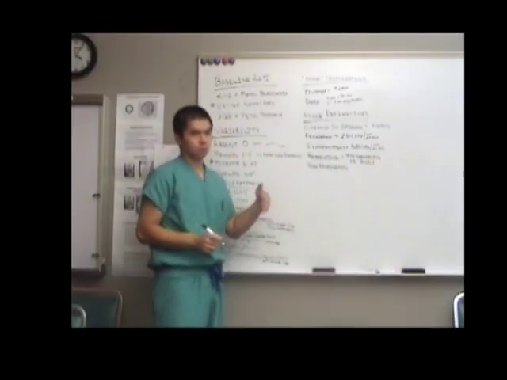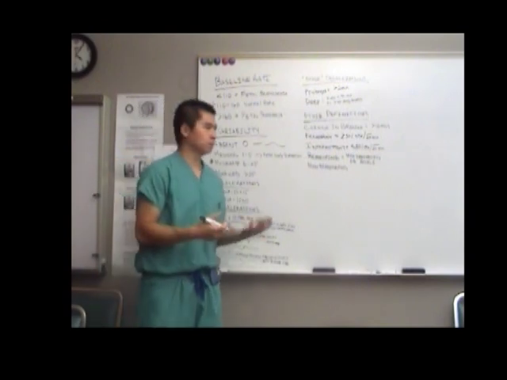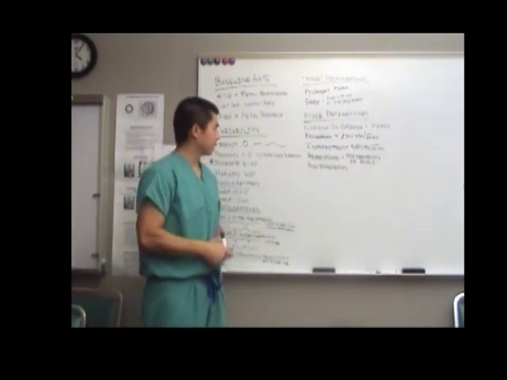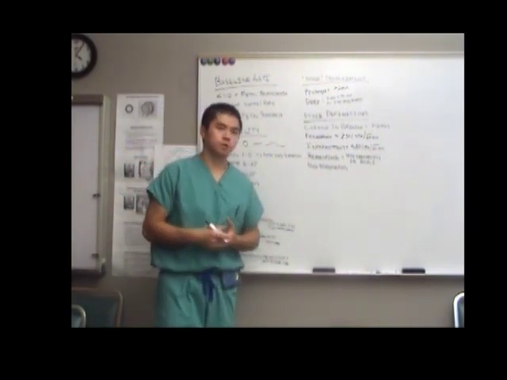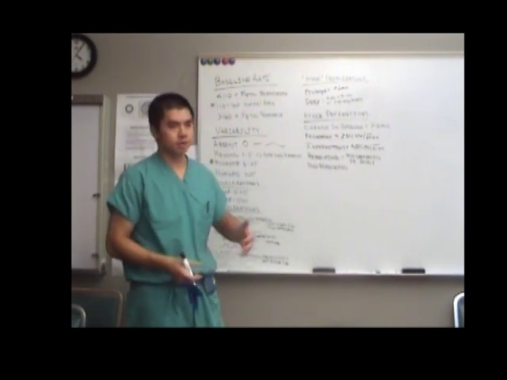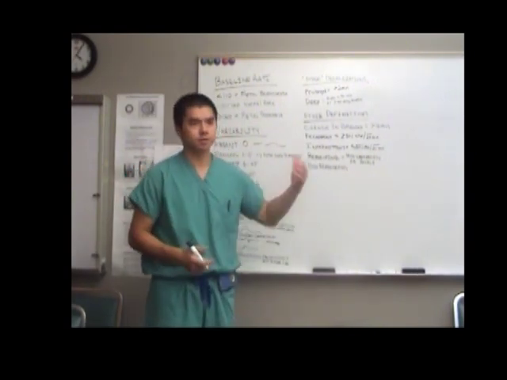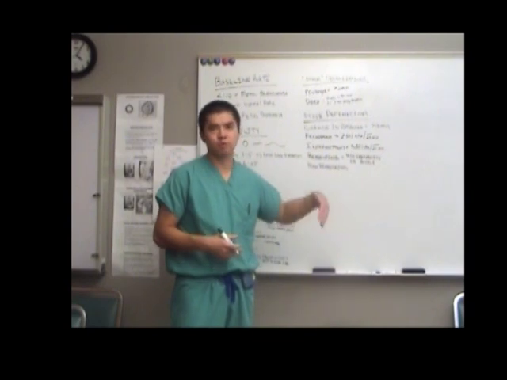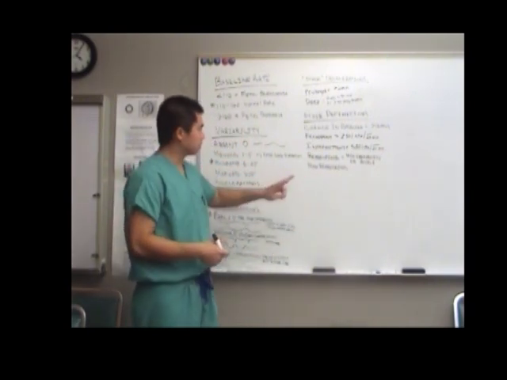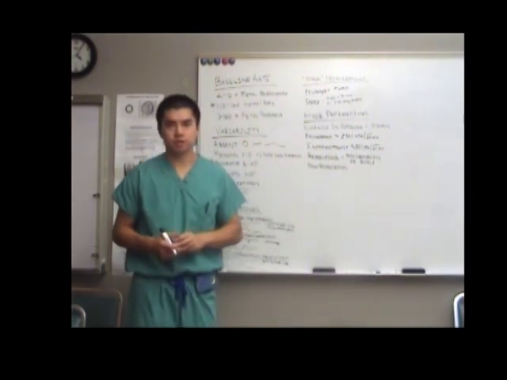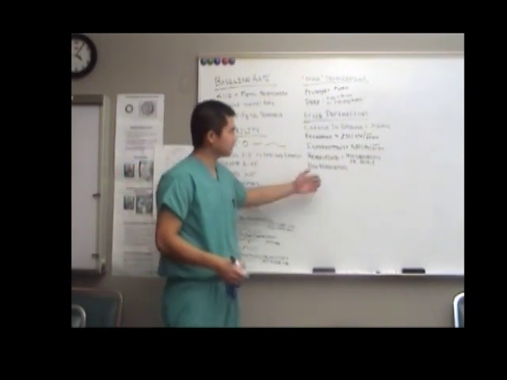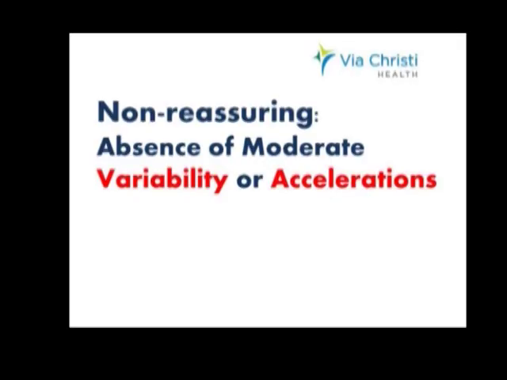Okay, so either thing is reassuring. Sometimes you might have a heart tone strip that has decelerations, but you'll say it's overall reassuring because there is moderate variability, or because there are accels, or because there is moderate variability and accelerations. So those 2 things make the fetal heart tracing reassuring. What's non-reassuring is the absence of those 2 things.